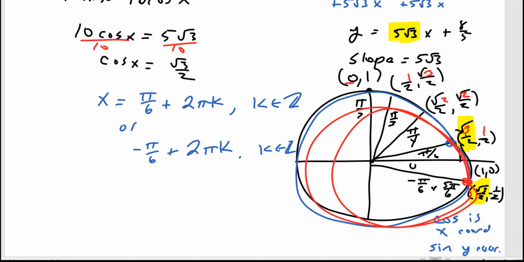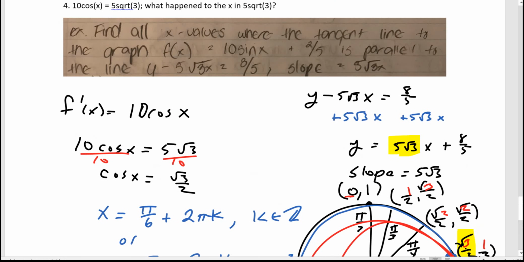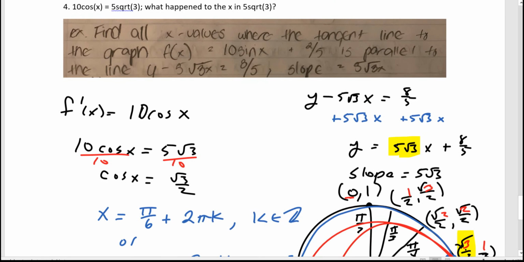So that would be all of the points, but the question of what happened to the x, I honestly think you wrote it down wrong. Okay. And that x was not supposed to be under the square root. But I figured, let's go ahead and do this whole problem. So, if you have any more questions on it, please don't hesitate to ask.